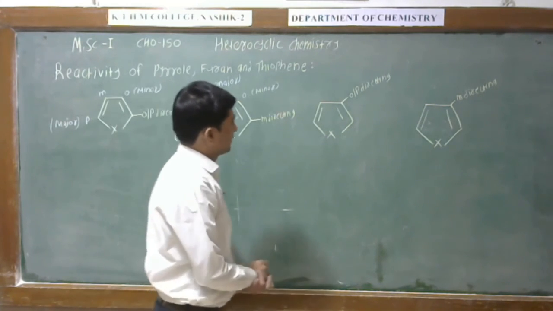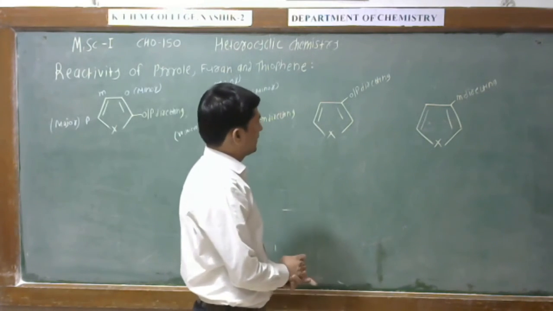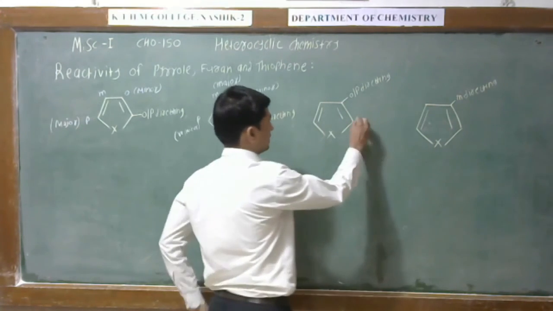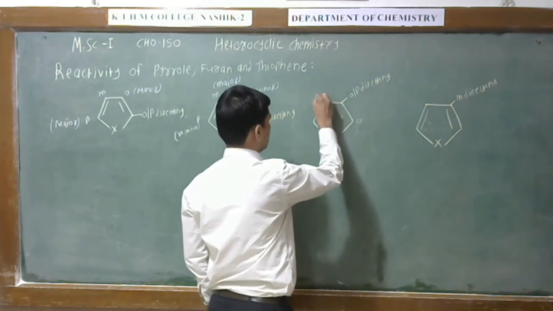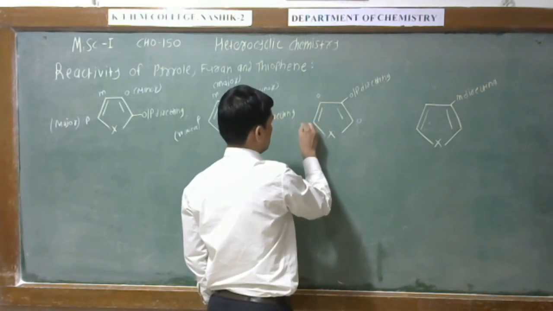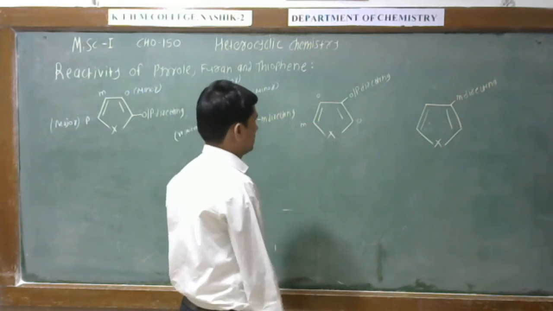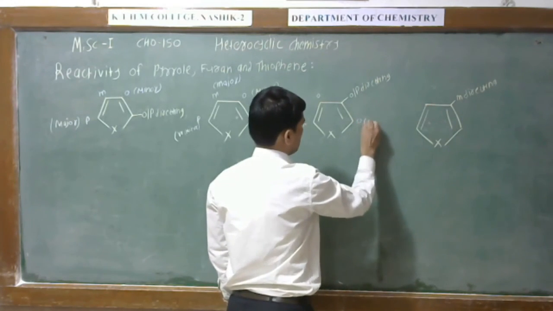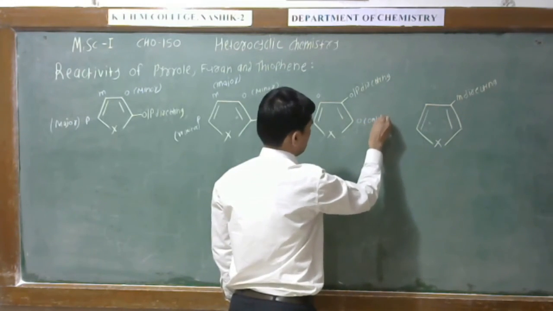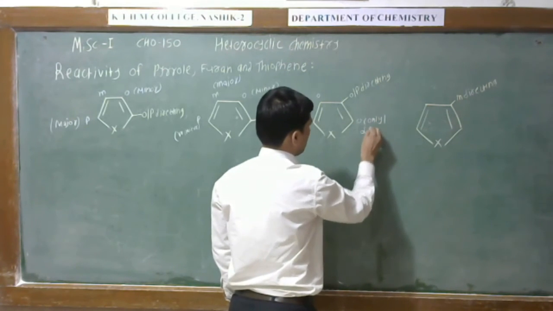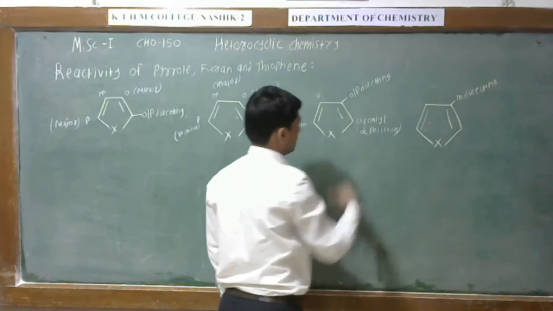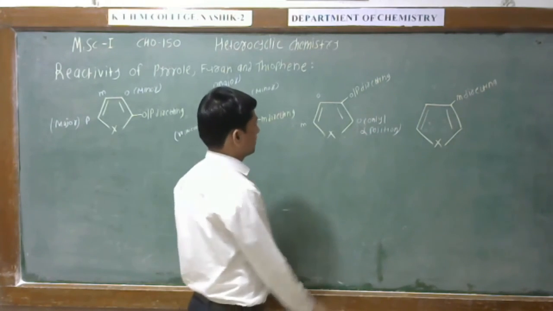Now if ortho and para directing groups are present at the beta position, then see, this is the ortho, this is the ortho, and this is the meta position, so the substitution will be only at the alpha position. Substitution takes place only at the alpha position.